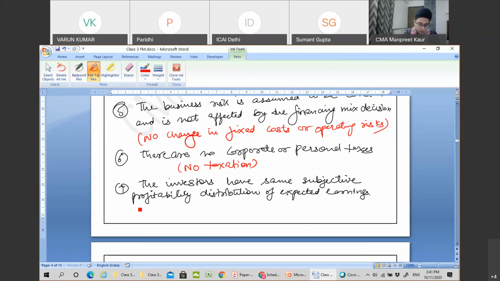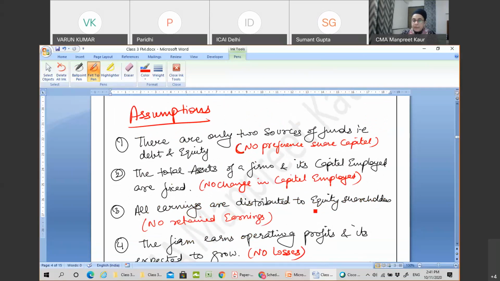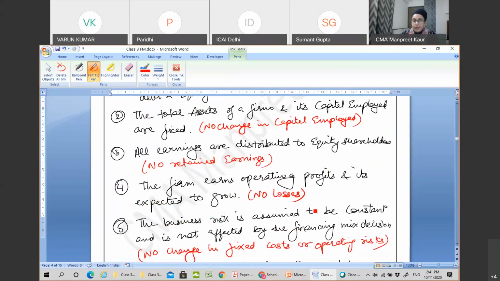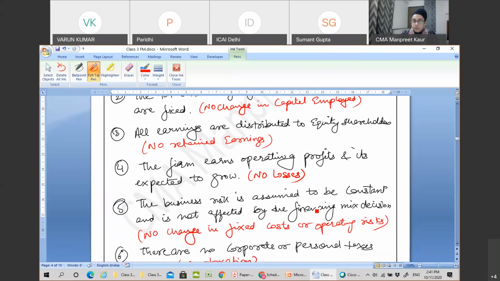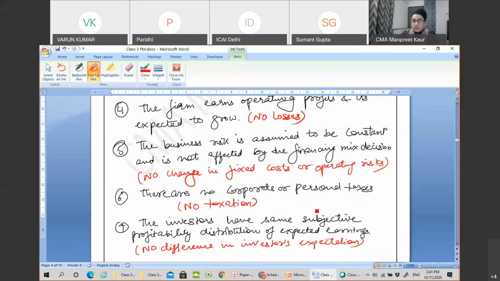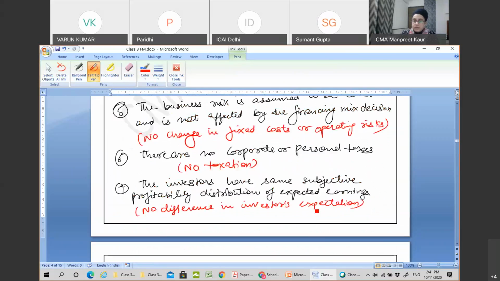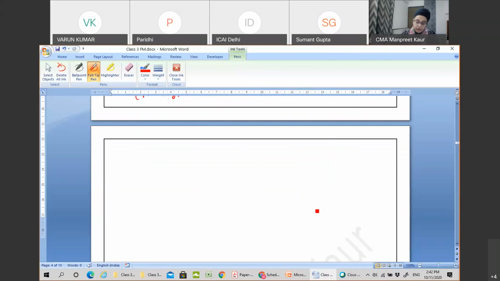It means no difference in investors' expectations related to the earnings rate of return. These are the assumptions. First is no preference share capital is there, no change in capital employed, no retained earnings, no losses, no change in the fixed cost, no taxation, and no difference in the investor's expectation.